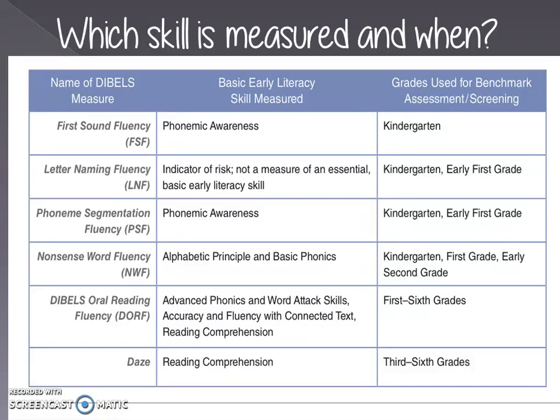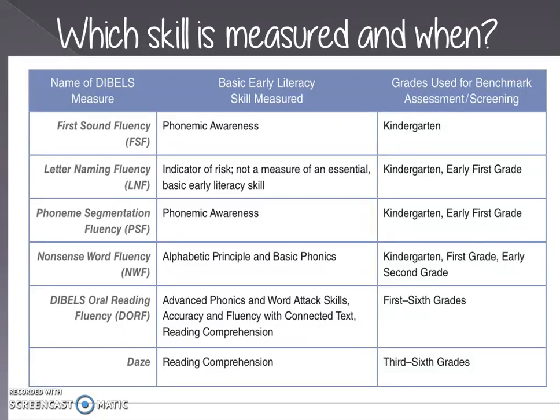The DIBELS oral reading fluency, or DORF, measures many different skills such as reading accuracy and fluency, advanced phonics and word attack skills, and reading comprehension. Letter naming fluency is given in kindergarten and first grade only, as an early indicator of a student at risk. The DAZE assessment measures reading comprehension.